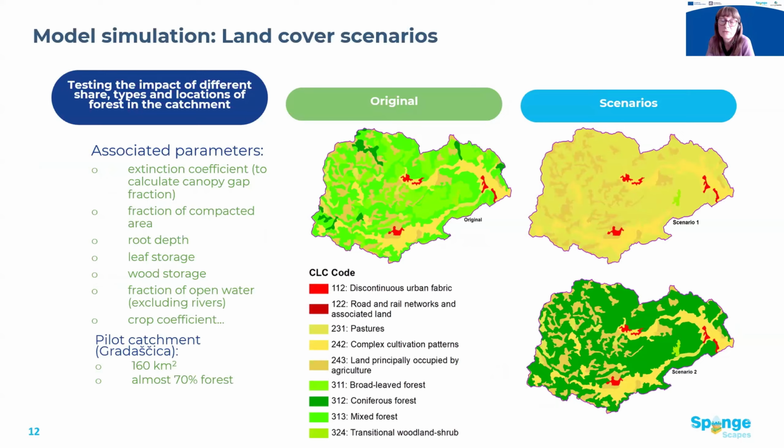So we will either replace forest with some other land cover, for example, grassland or a compacted area, or we will just change the type of forest that we have in the catchment. And of course, then we will assess the results of this using technical indicators that I mentioned before.